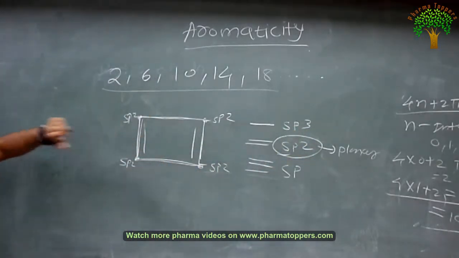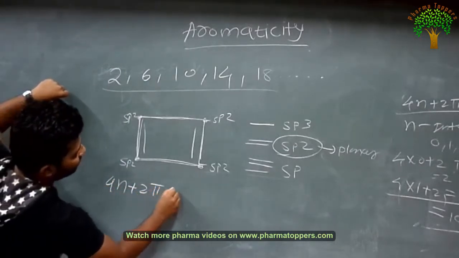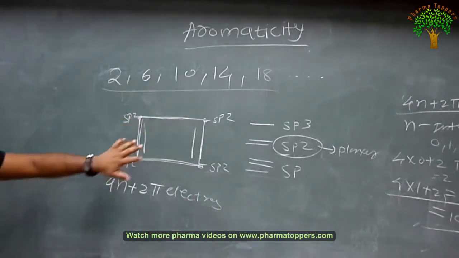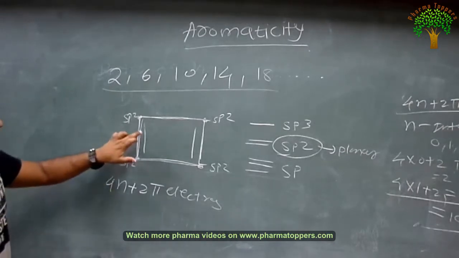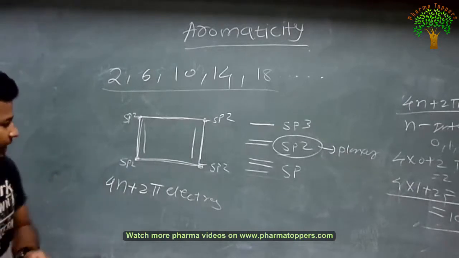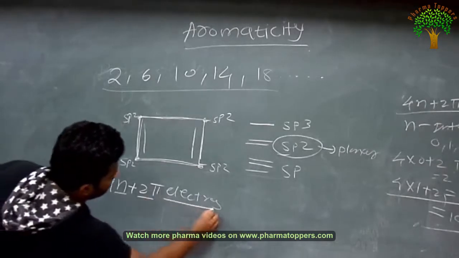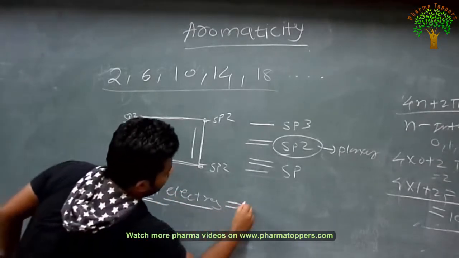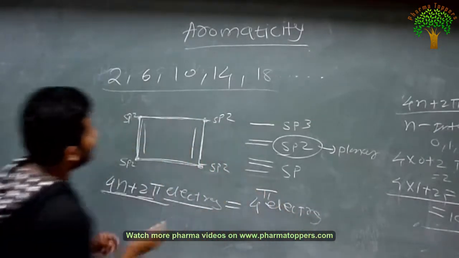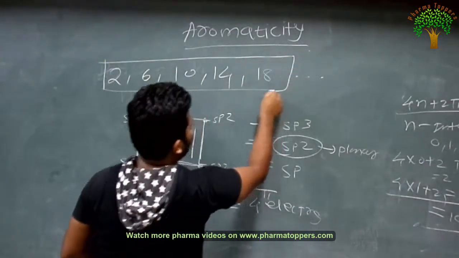Apply the Huckel rule in case of this structure, that is 4n plus 2 pi electrons. In this structure, there are 2 double bonds present. One double bond contains 2 pi electrons and 2 double bonds contain 4 pi electrons. If you see this, 4 is not present in the Huckel rule.